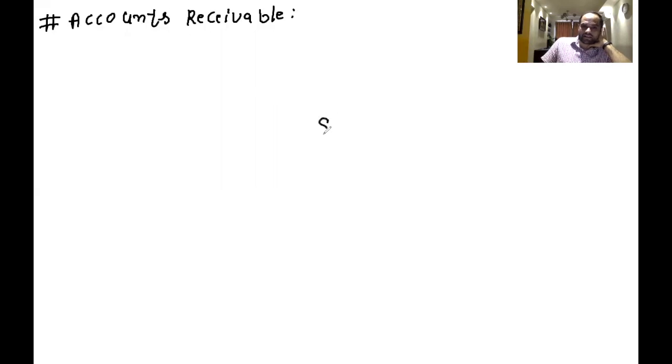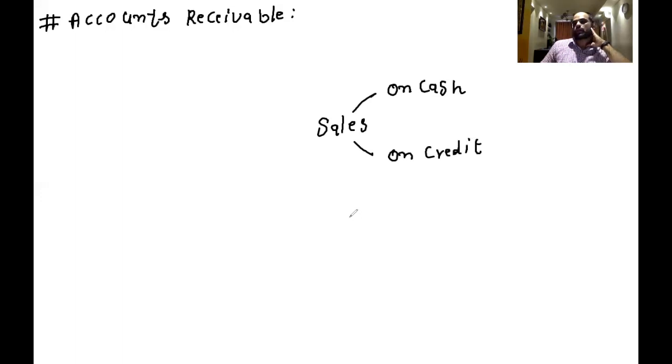Which means we have sales, right? We sell on cash or on credit, right? So if the company allows too much credit, our accounts receivable will increase. If the company allows less credit, cash increases and accounts receivable, of course, decreases.